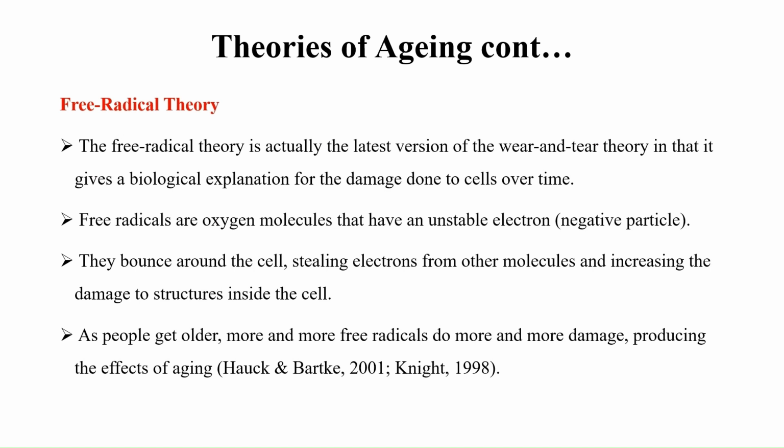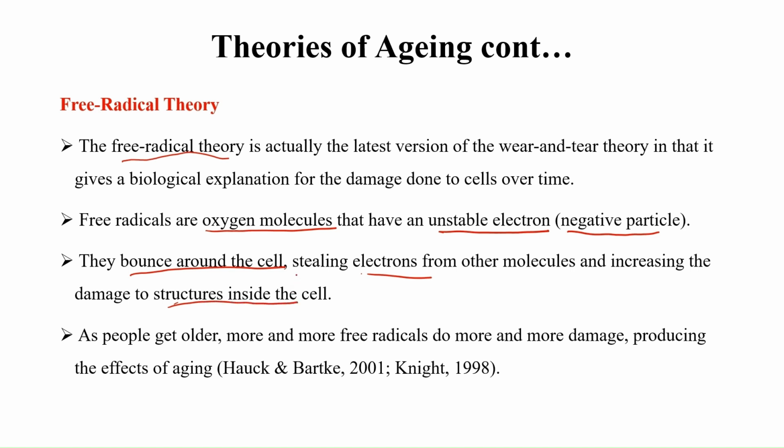Then coming to the latest version of aging theory, which is called free radical theory. It is an updated version of wear and tear theory, which says that free radicals are oxygen molecules that have an unstable electron, which is a negative particle. This unstable electron bounces around the cell body, stealing electrons from other molecules, and this increases the damage to the structures inside the cell.